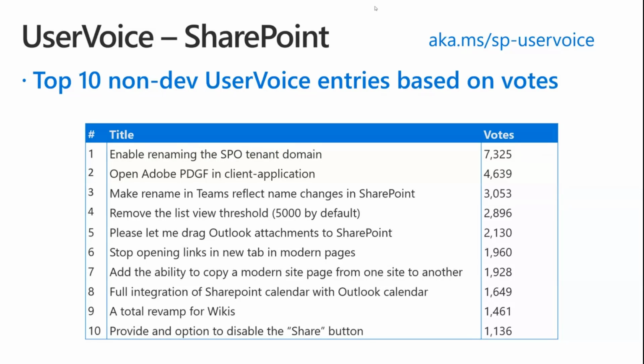We want to be obviously relatively careful on supporting changing of the tenant URL, or we want to make sure that everything works properly before we actually provide that to be available worldwide. But that's going to be tackling down the first item on this list. There's quite a few other items which are growing in votes as well, and many of them are actively being worked on.